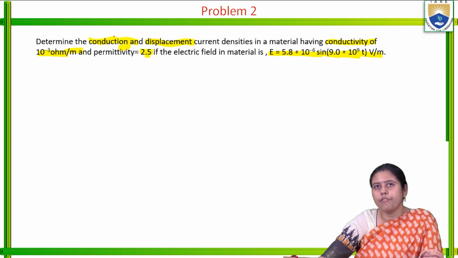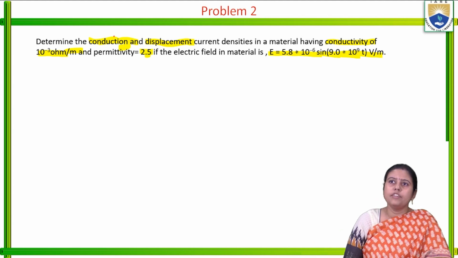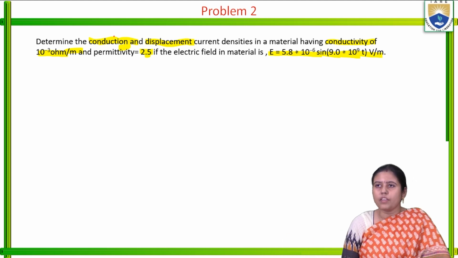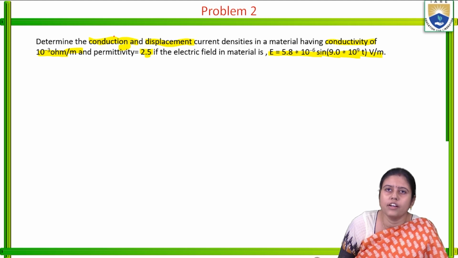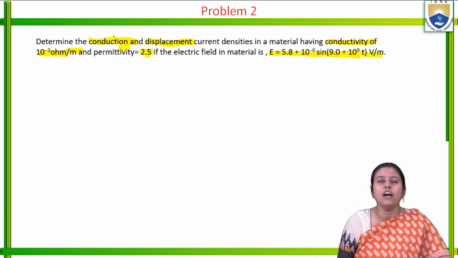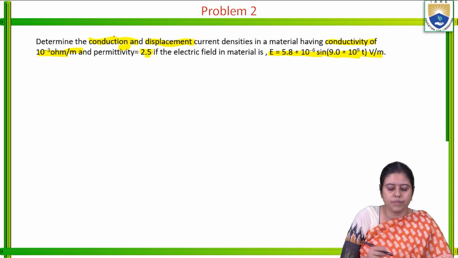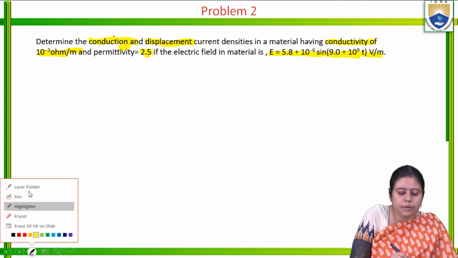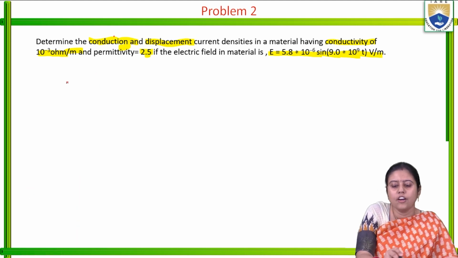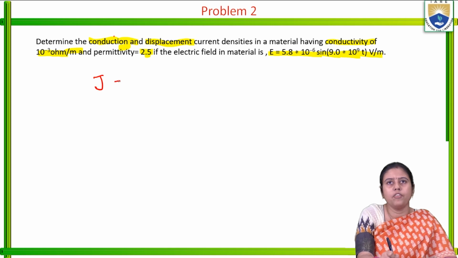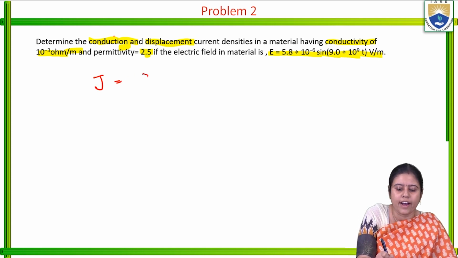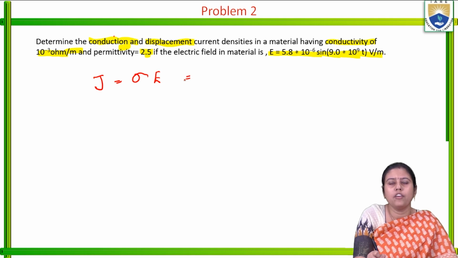In the previous section we have discussed the conduction current and displacement current. So what is the meaning of the conduction current? Conduction current density we generally write as J or JR is equal to sigma into E. What is the value of sigma?